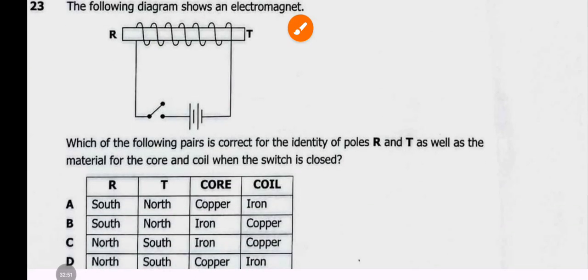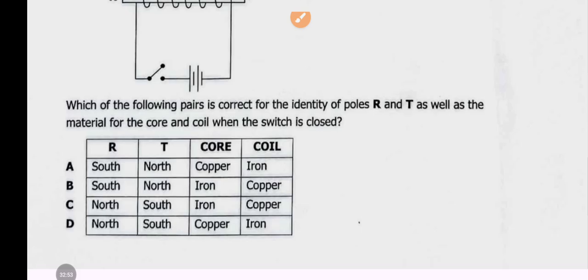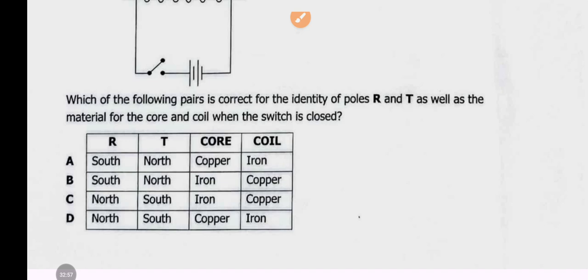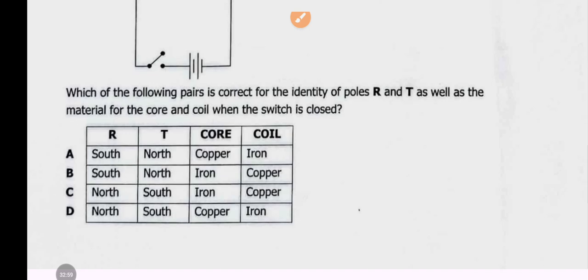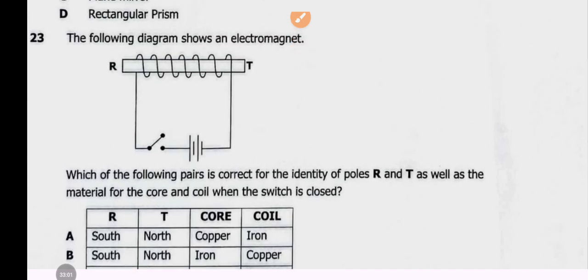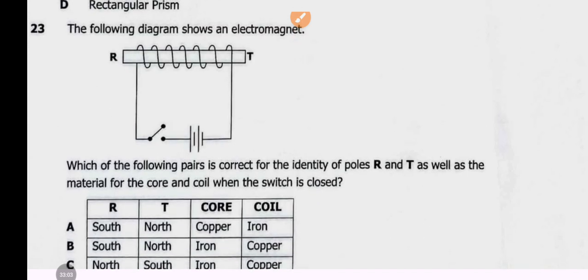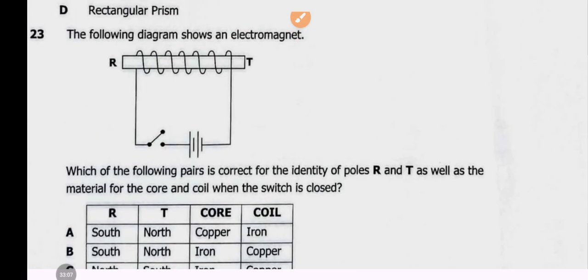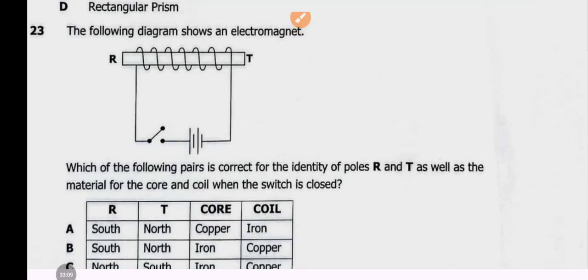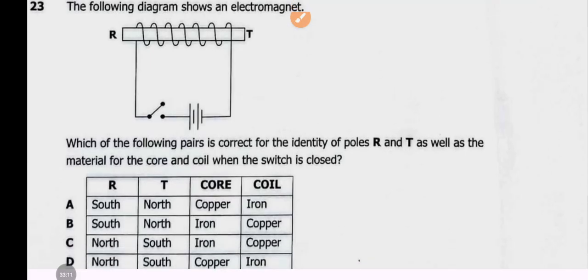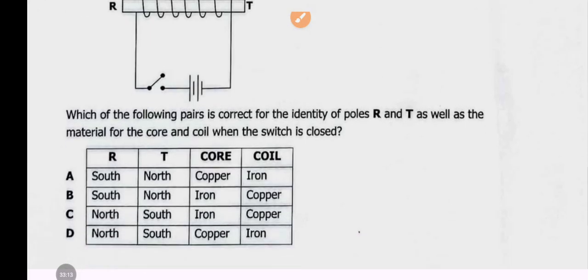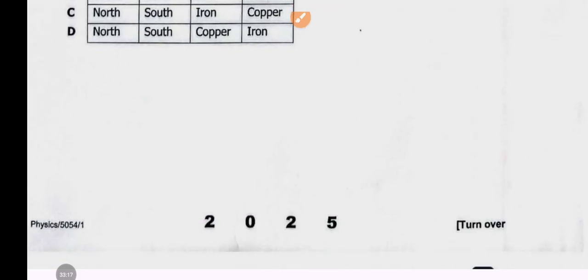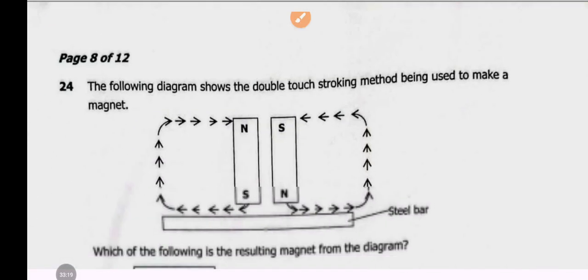So T is north and R is south, so the answer can either be A or B. For the core, soft iron is used, and for the coil, copper is used. So option B is the one that caters for all of what I have said. So we go with B there.